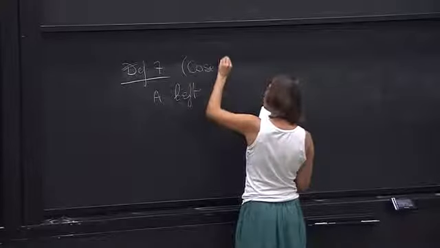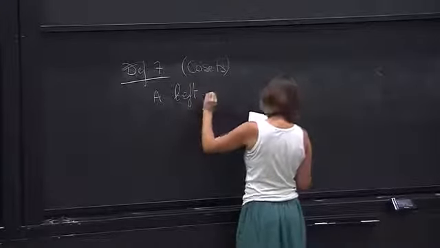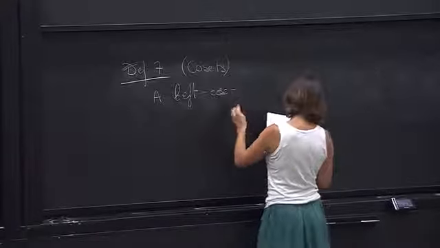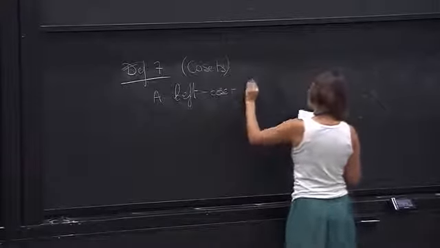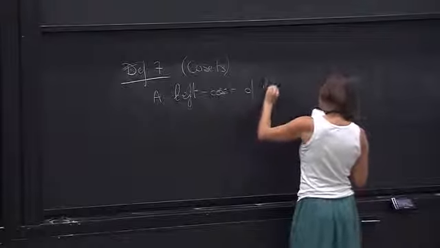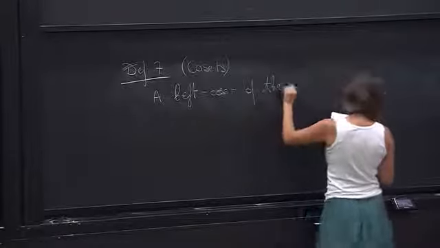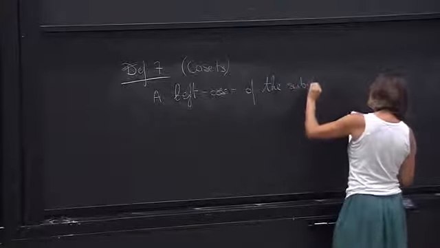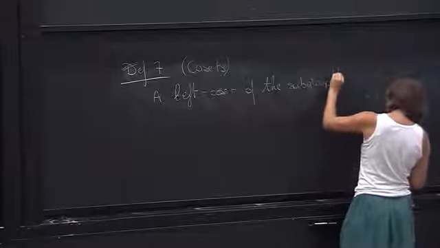So I'm going to give you the definition of a left coset. You need to have a subgroup here. Let's call it H now.